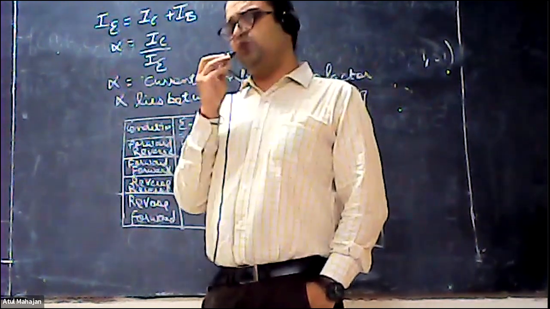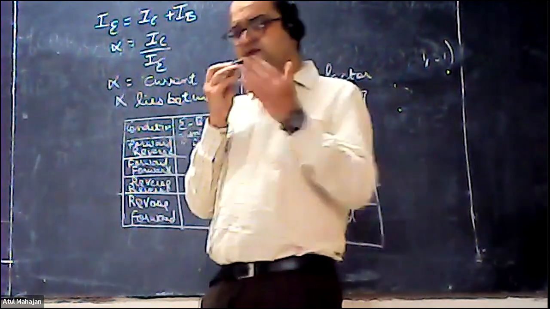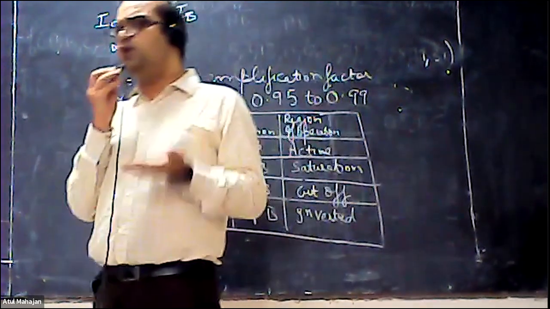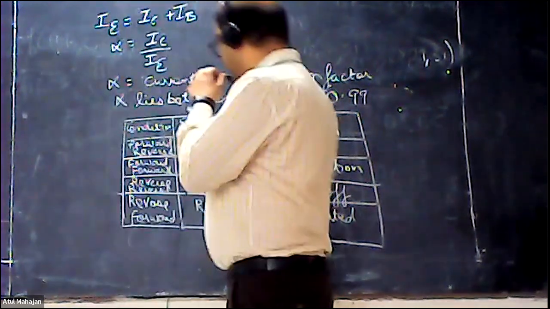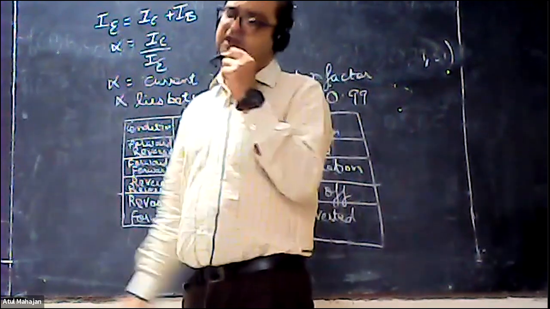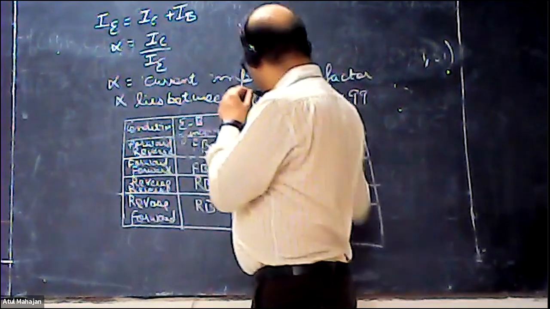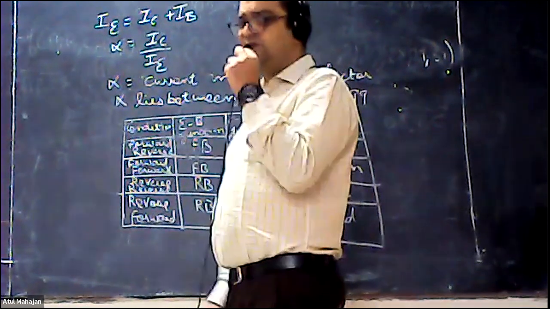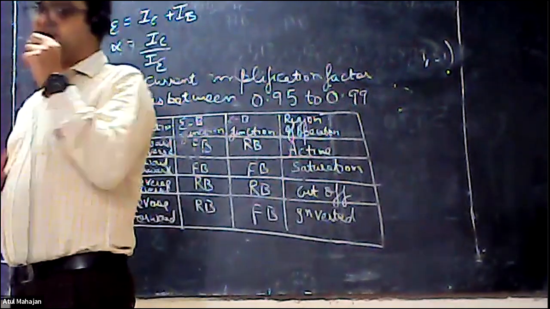No, there is only a flow of current because of minority carriers, and the concentration of minority carriers is very, very low in both the emitter base and the collector base, which makes the circuit work in the cutoff region. Cutoff region means the circuit will act as an open circuit.